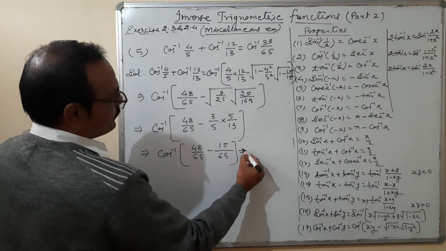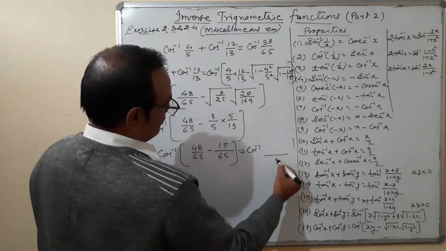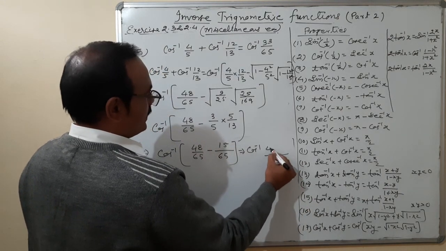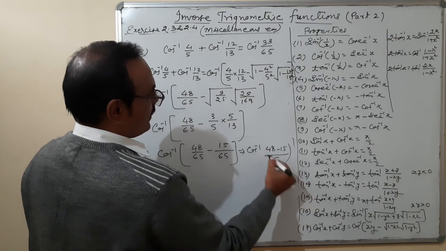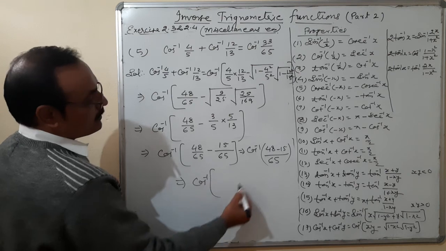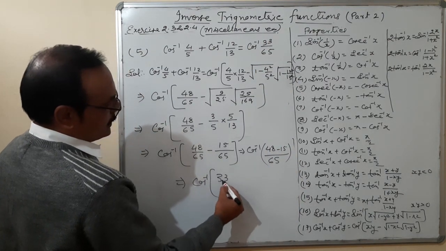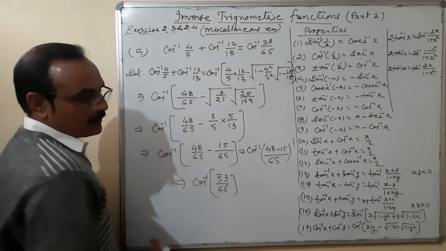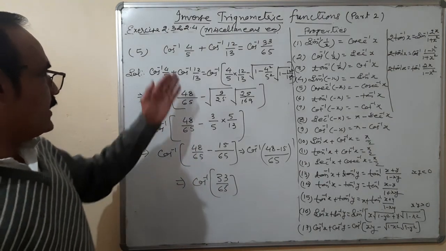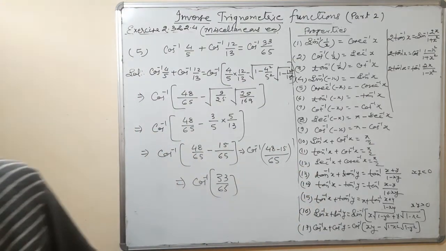So finally cos inverse, LCM 65, 48 minus 15. What is 48 minus 15? Answer: cos inverse 33 upon 65. So directly, when you see cos inverse here, you can use the formula directly.